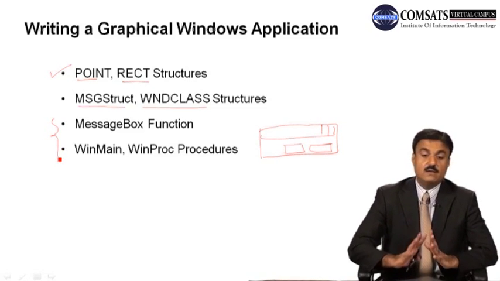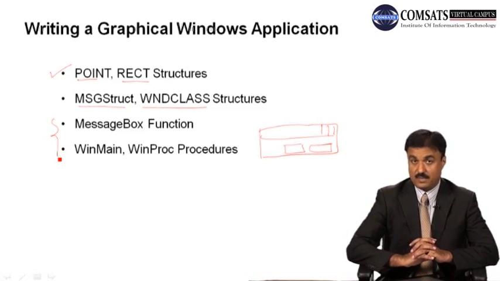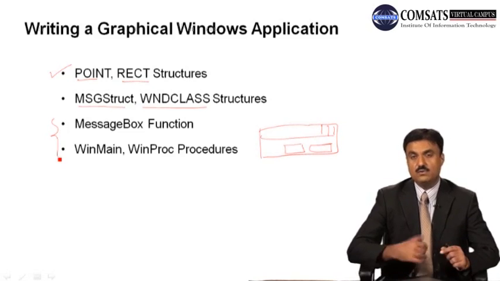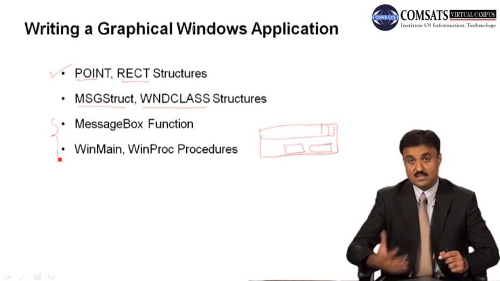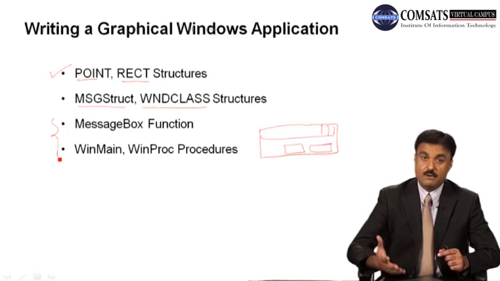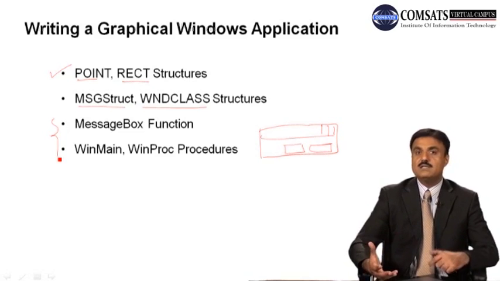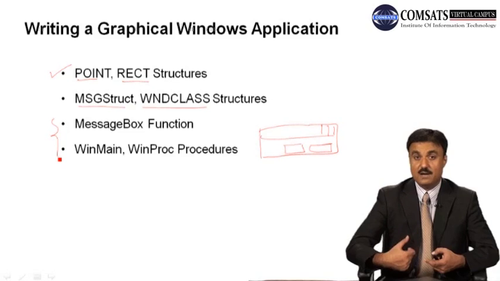Now to deal with graphical windows, there are so many functions inside the Win32 API. However, we will cover only a few because there is a huge list. Even whatsoever we covered about the console, system time and date, reading and writing files, file handling, these are only a few selected functions that we are using from the Win32 API.